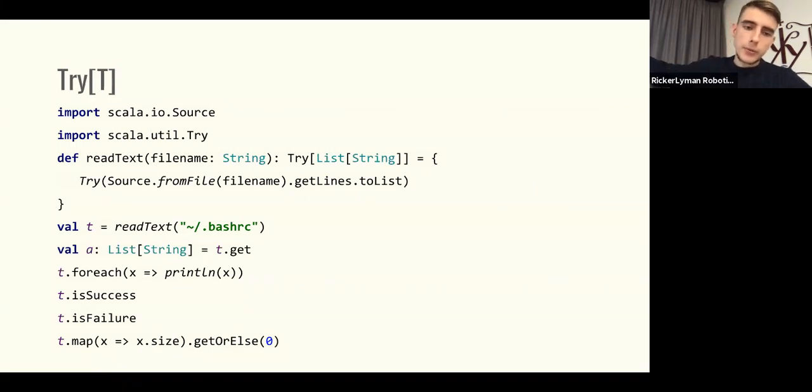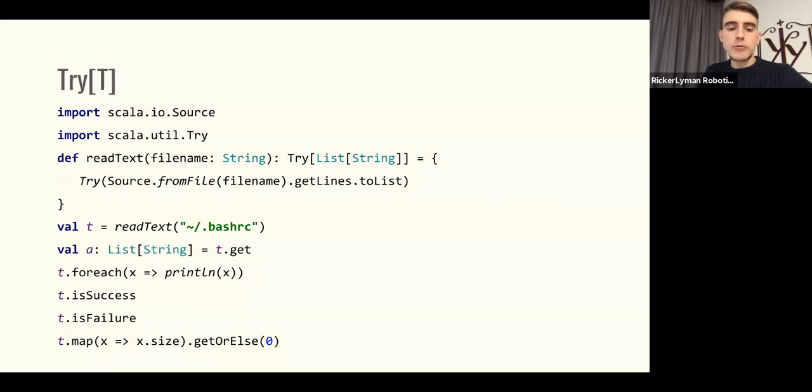We just write Source.fromFile. So we wrap around into a Try, and later we can handle this result something like that. There are some of the usual functional combinators defined, like foreach, for instance, or map function, which are defined on Try. So we can map over the success value inside.